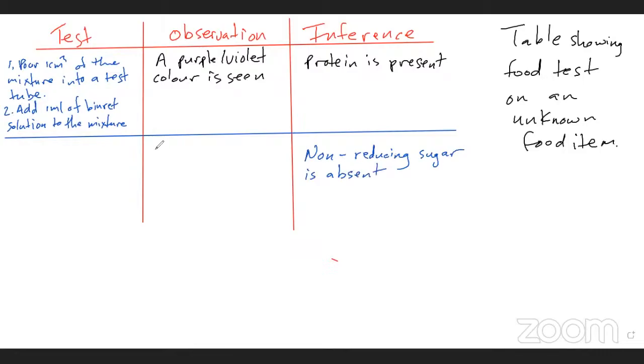Non-reducing sugar is absent. What would be my observation? It remained the same, which is blue. Just tell me the reagents that you need to test for non-reducing sugar. Hydrochloric acid, sodium hydroxide and the Benedict's.